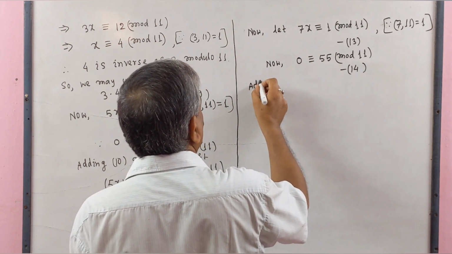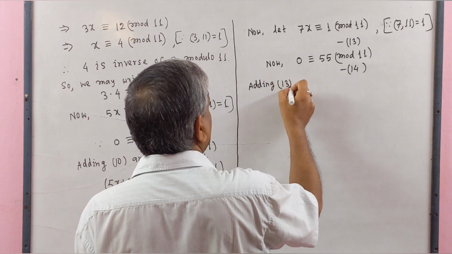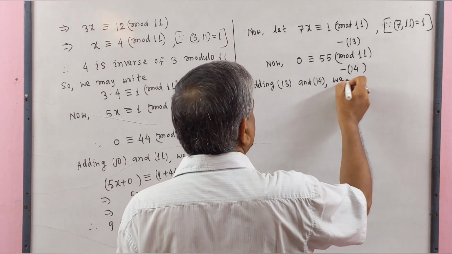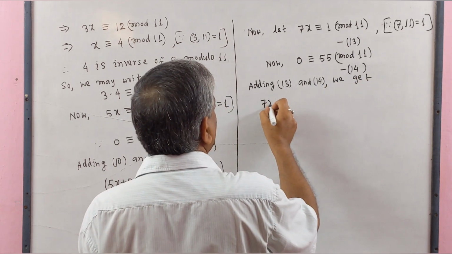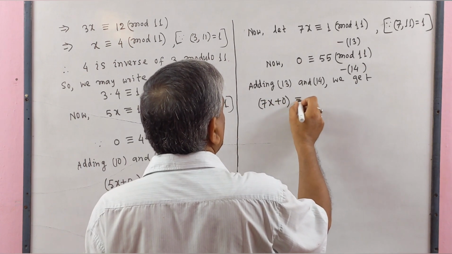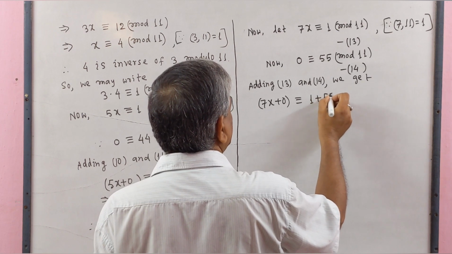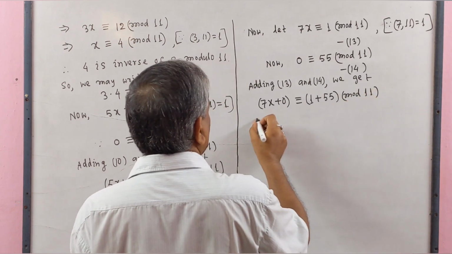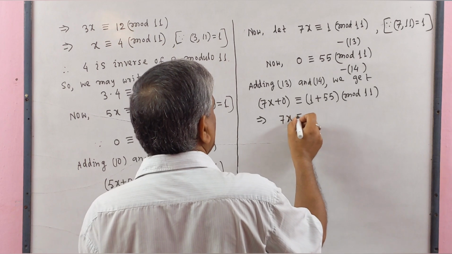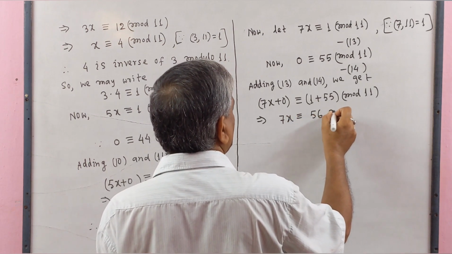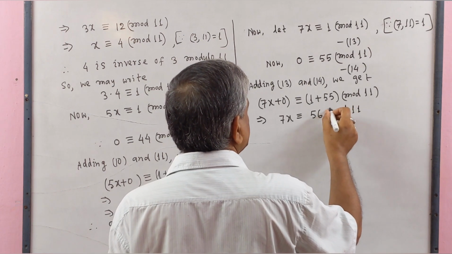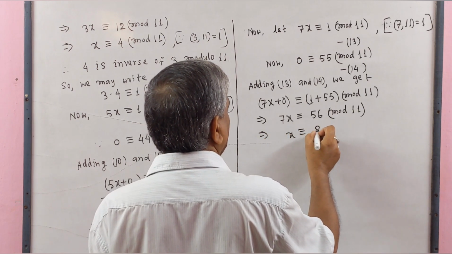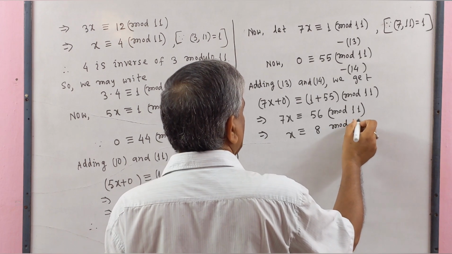Adding 13 and 14, we get 7x plus 0 is congruent to 1 plus 55 modulo 11, implies that 7x is congruent to 56 modulo 11, implies that x is congruent to 8 modulo 11.